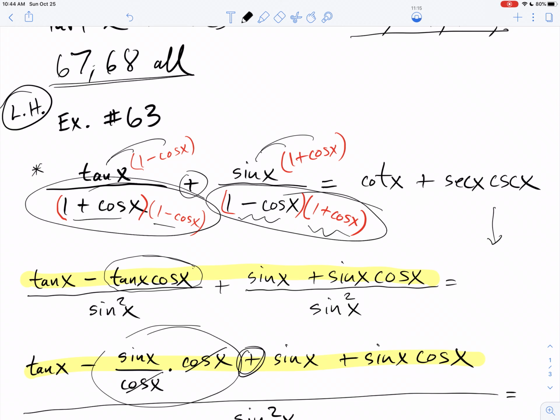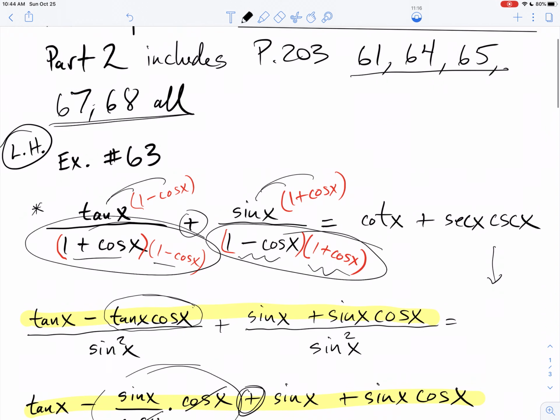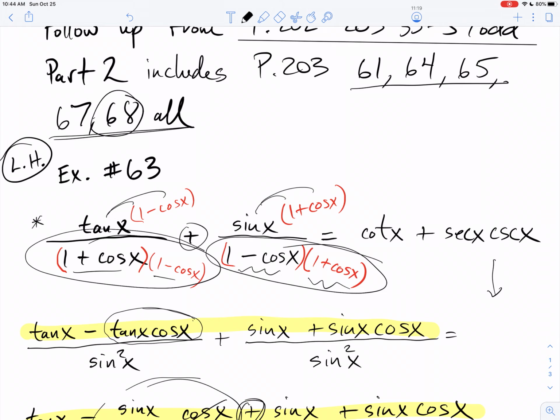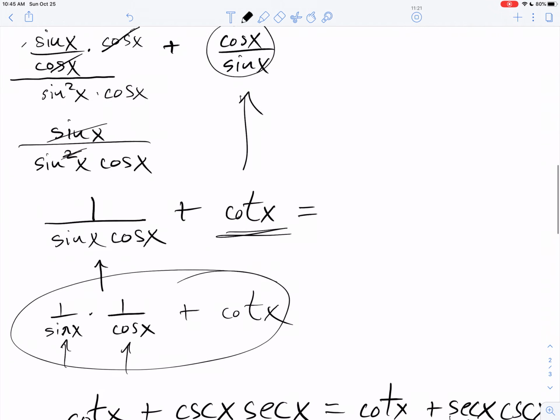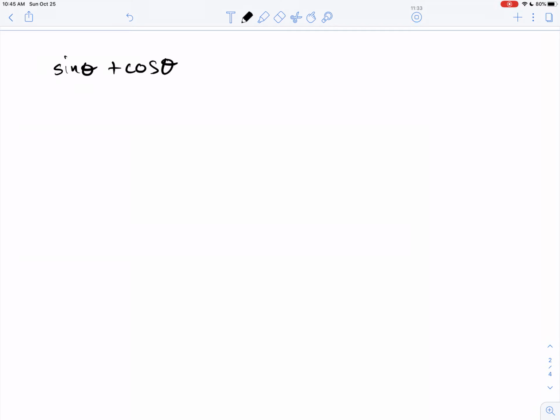So let me go down. I'm going to scroll down and give you a little hint to start number 68. So number 68 is just in our book. I got to copy it down. It says sine theta plus cosine theta equals, and then on the other side of this guy, it says sine theta over 1 minus cosine theta, cotangent theta.